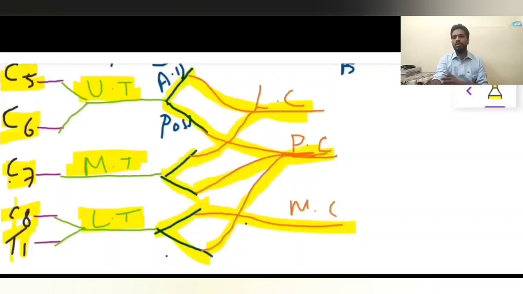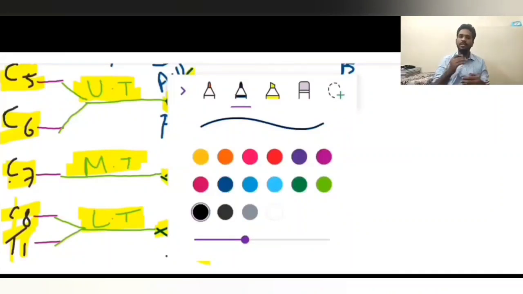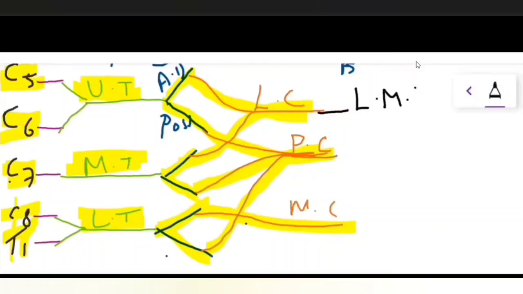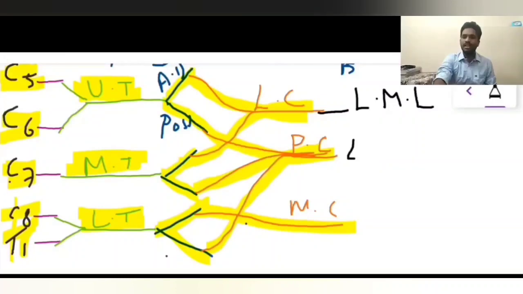Now all these cords have a few branches. I'll write the mnemonic of these branches right now, and then we'll discuss what these nerve branches are. Branches are basically the nerves supplying the upper limb. From the lateral cord we have L, M, L. From the posterior cord we have the mnemonic LUNAR: L-U-N-A-R.